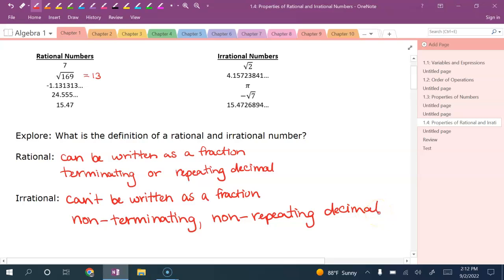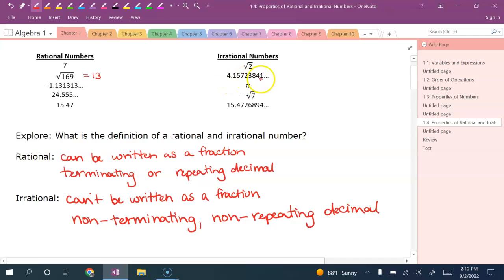So if I took the square root of 2, or down here the negative square root of 7, those would not be nice numbers. They would be really long decimals that would have no real pattern to them, or a way for me to write it as a fraction.